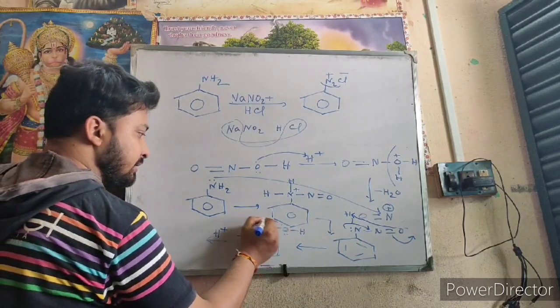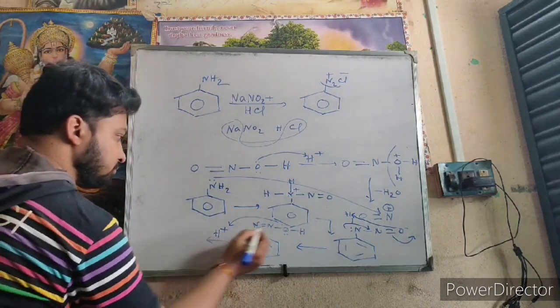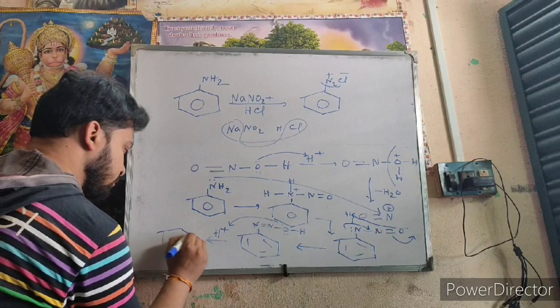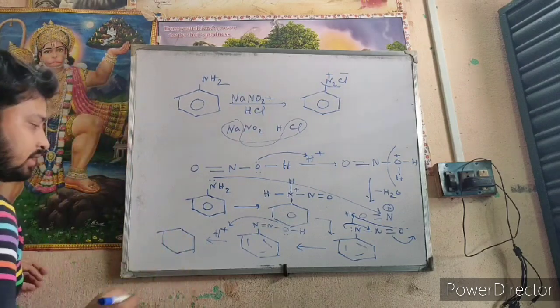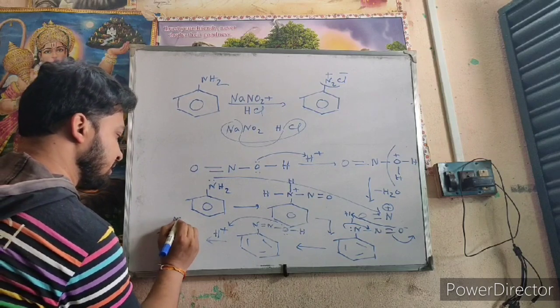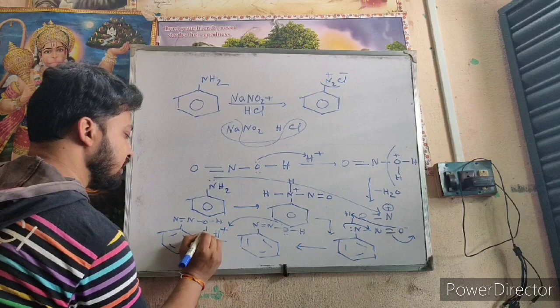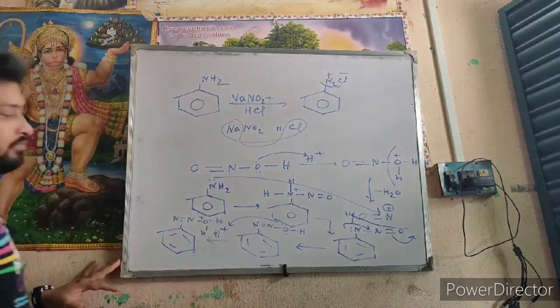This lone pair attacks this H plus, and you get N double bond N and O, H and H, with a plus charge.